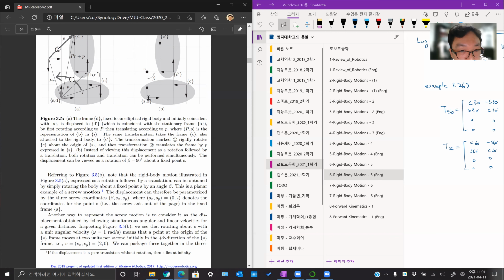So the velocity in S-frame is in the X direction is 2 and Y direction becomes 0. So Vx equal 2 and Vy equal 0.